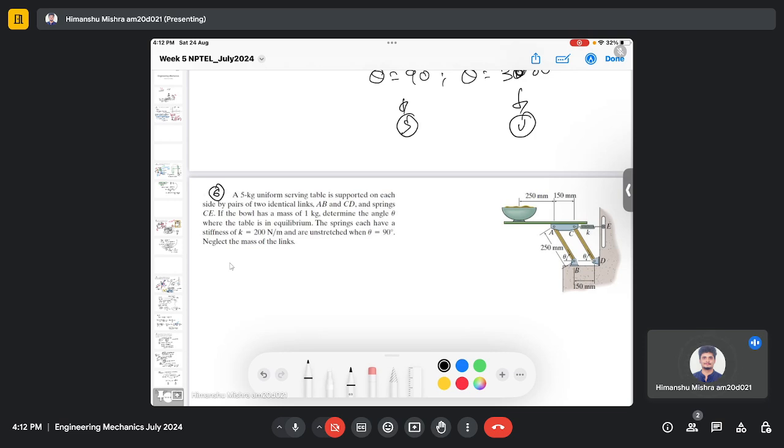So just make a schematic diagram of this problem.